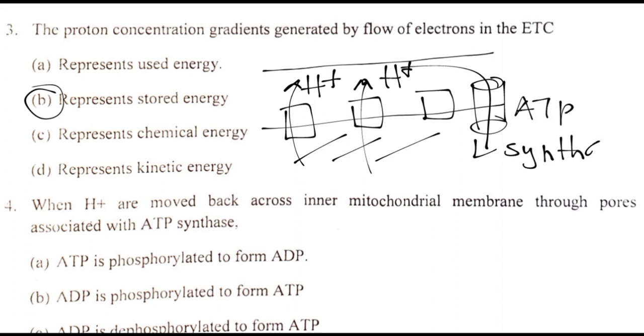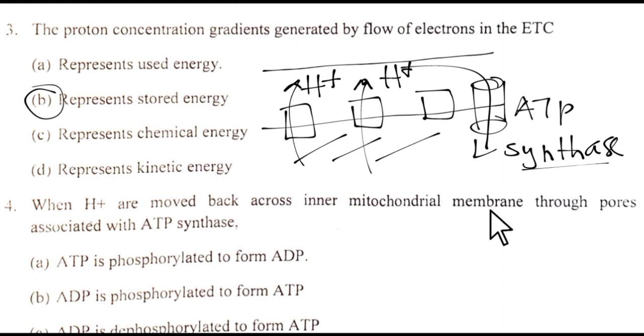When these protons are coming back through the ATP synthase, they are going to help the conversion of ADP to ATP. In other words, they activate that enzyme. So the movement of these protons from the intermembrane space back into the mitochondria activates the ATP synthase, and then this ATP synthase will catalyze the conversion of ADP to ATP.